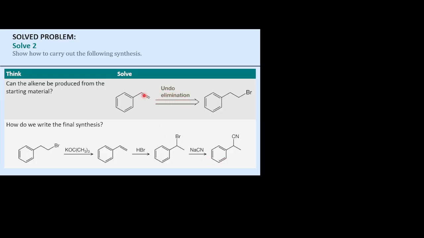Okay, so how would we have generated that double bond? Well, we would have to do an undo elimination, right? We would have had to do elimination to make the double bond, which is where we tie in with the chapter we just did. This right here is the undo elimination, of course, from last semester, eliminations.